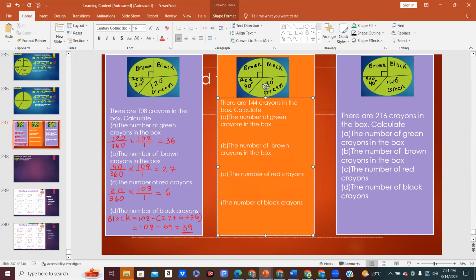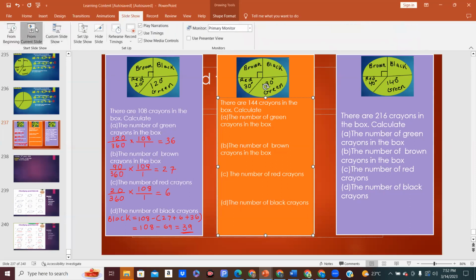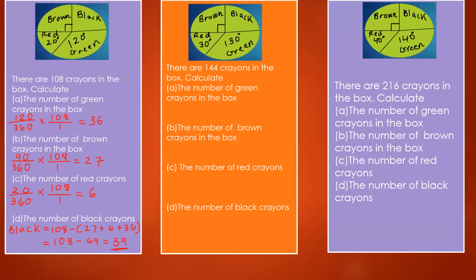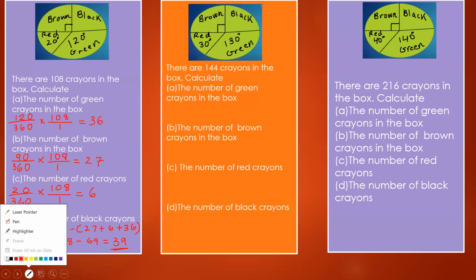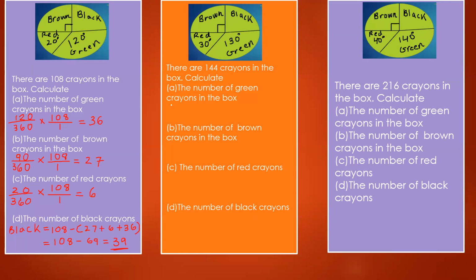So for green, it's 130 divided by 360 times 144 divided by 1. And that gives us 1,872 divided by 36 equals 52. So the final answer is 52.